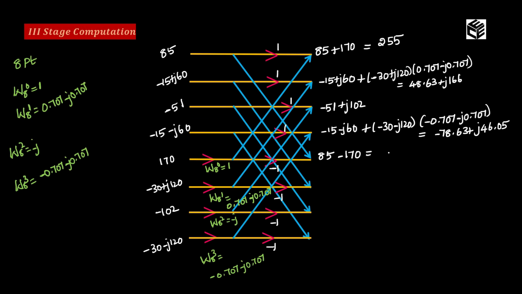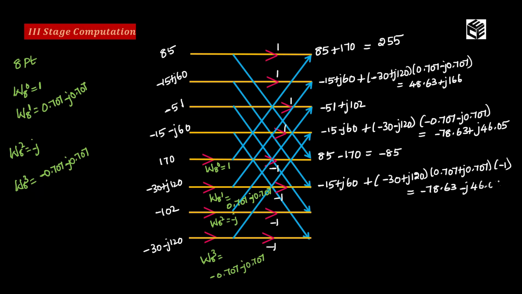So 85 minus 170 is minus 85. Okay. In a similar way, this is minus 15 plus j 60 and here it is plus minus 30 plus j 120 multiplied by 0.707 plus j 0.707 multiplied by minus 1. So the answer of this will be minus 78.63 minus j 46.05.